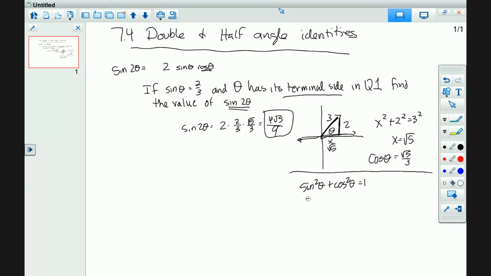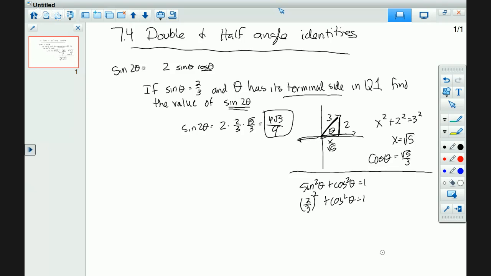I can plug sine in here, and I can solve that equation for cosine theta and get this answer again. So a couple ways to do it. This is a more geometric argument. This is much more algebraic. You just have to be careful that your positives and negatives work.